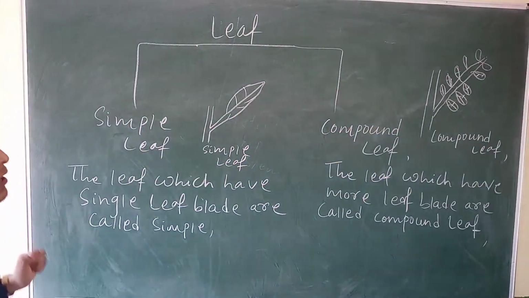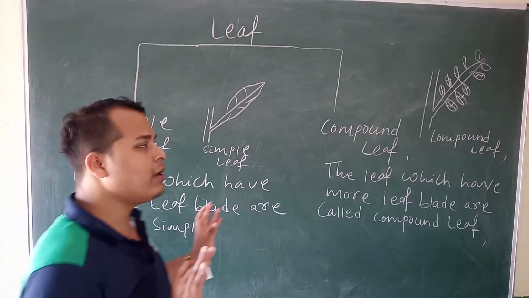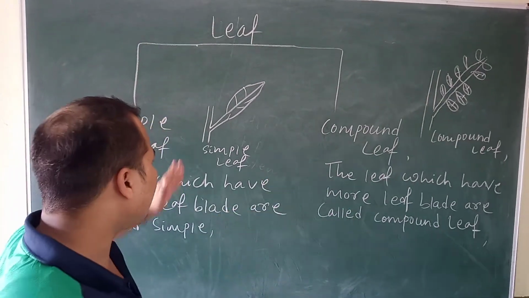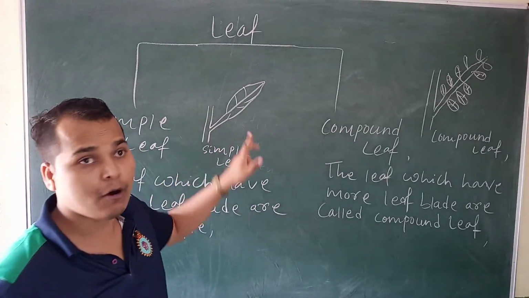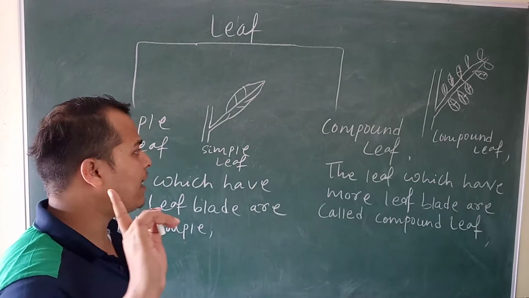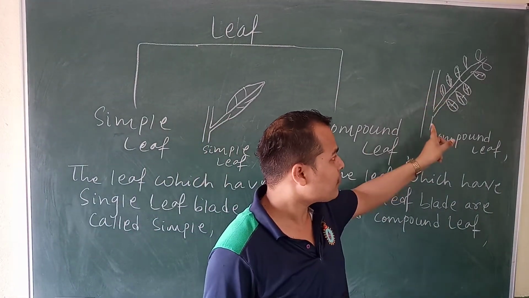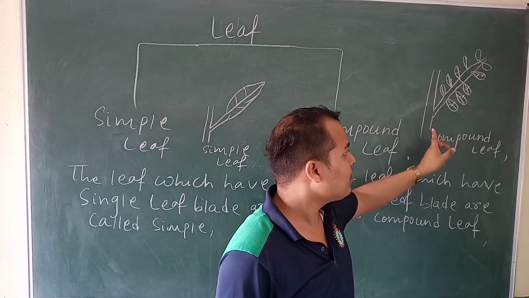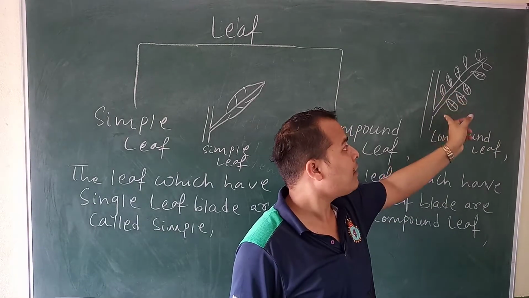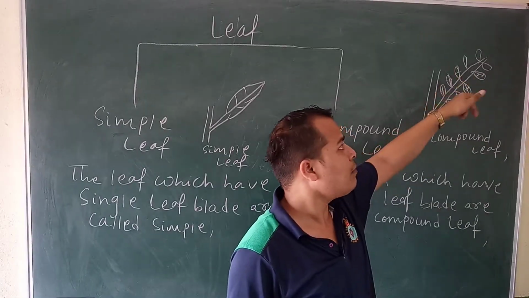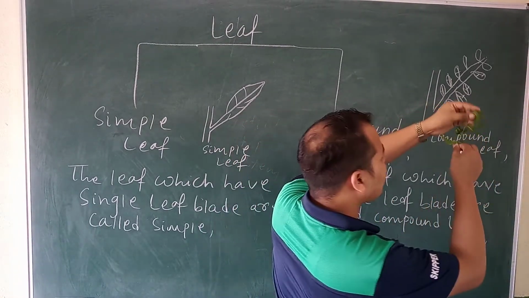Suppose you go through the plant and observe, you will find some simple leaves and some compound leaves. Simple leaves means from the main stem one leaf is arranged, and the leaf has only a single leaf blade. But in a compound leaf, what will happen? From the main stem, one central midrib arises, and from the central rib so many leaves you will find, like neem leaves.